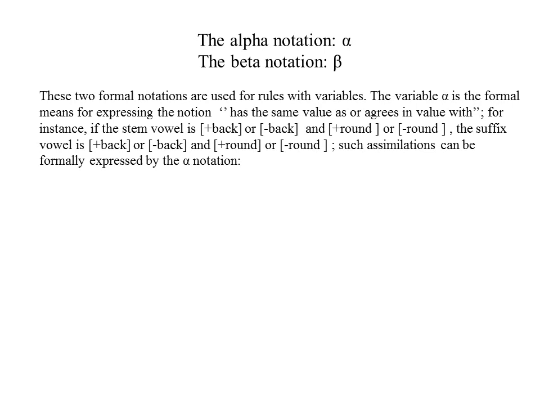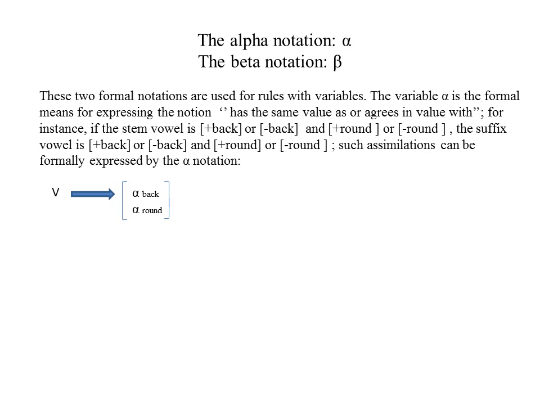Such assimilation can be finally expressed by the alpha notation. Take for example V, a vowel becomes alpha back, alpha round. What does it mean? Here we have two interpretations.